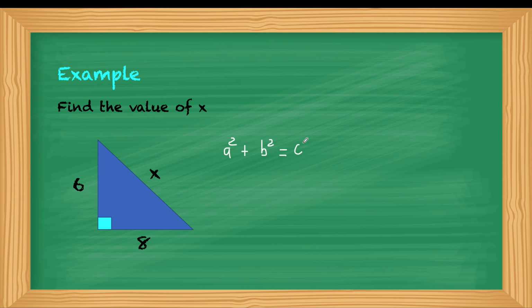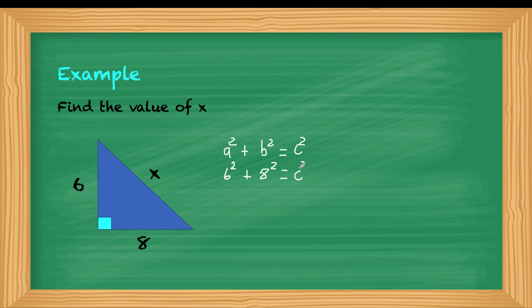In this case, our a squared would have been 6 squared, so I'm representing 6 as a, our b would have been 8 squared, and we are finding the hypotenuse, which is our c.